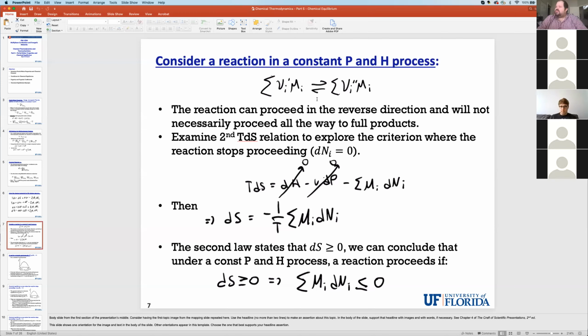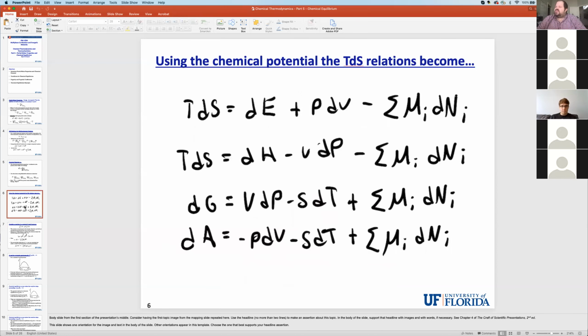What we want to find is where this reaction stops, and that's chemical equilibrium. So first, let's examine the TDS relations. For our example here, we are fixing pressure and enthalpy. If you look at these TDS relations, one of them is very easy to work with, and the others would be nightmares. Look at this expression: TdS is equal to dH minus VdP. We are holding H constant, so that term goes to 0, and we're holding P constant, so this term goes to 0.